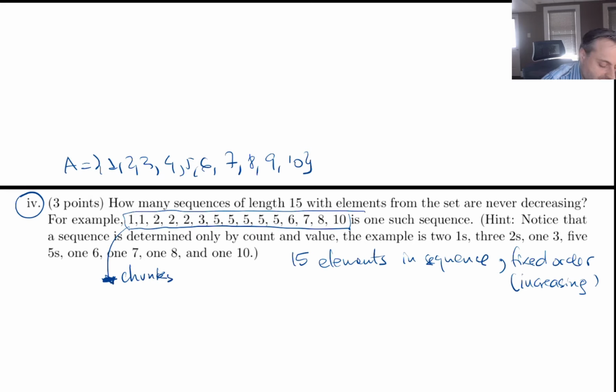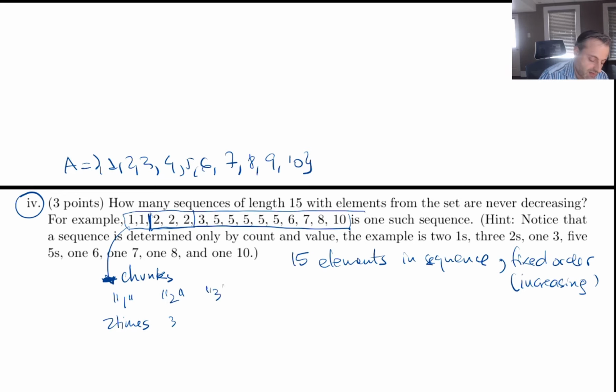So I'm going to say, the chunks with 1, I have 1 2 times. Let me write it separately so we can see. 2 times. And then I have 2 3 times, right? Because 2 is repeated 3 times.